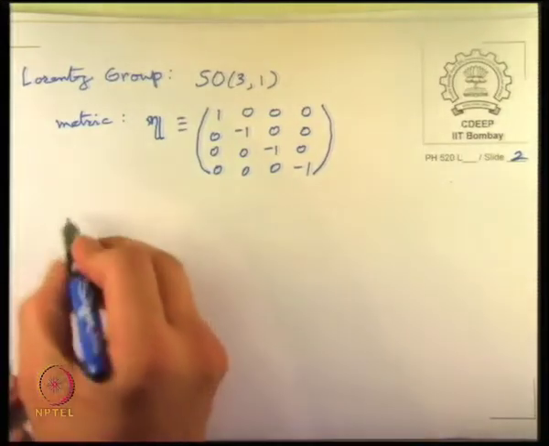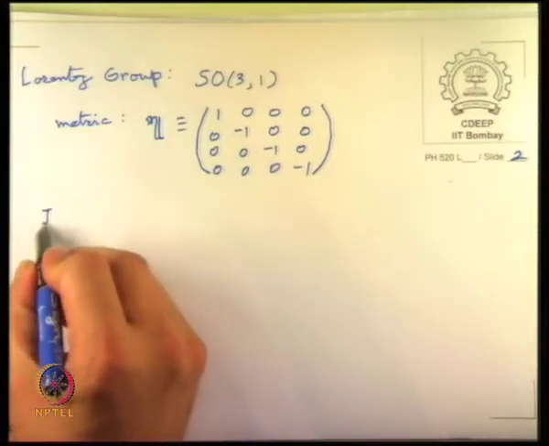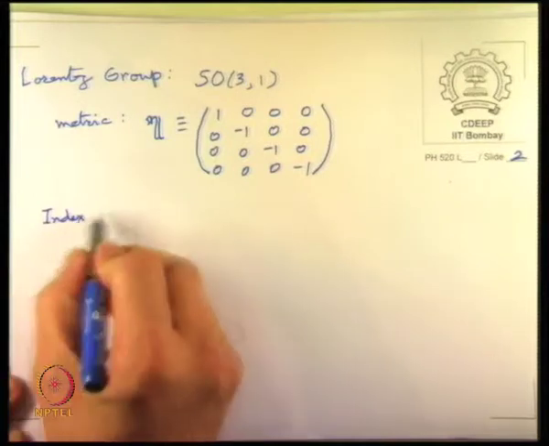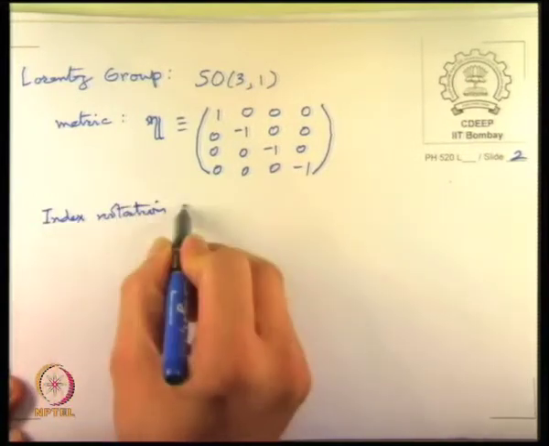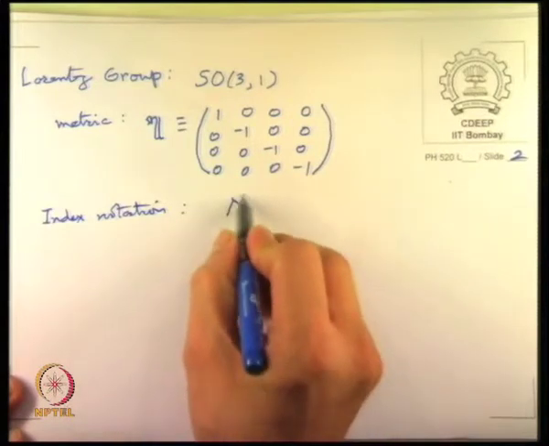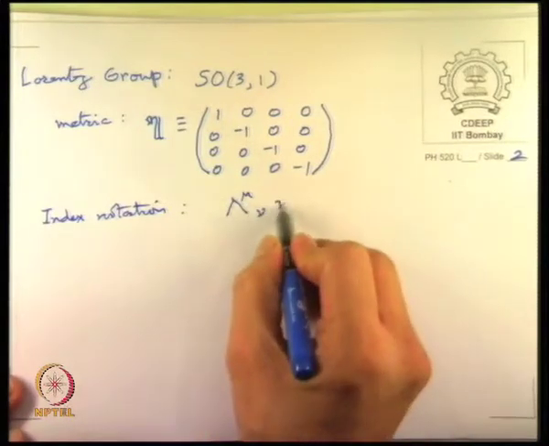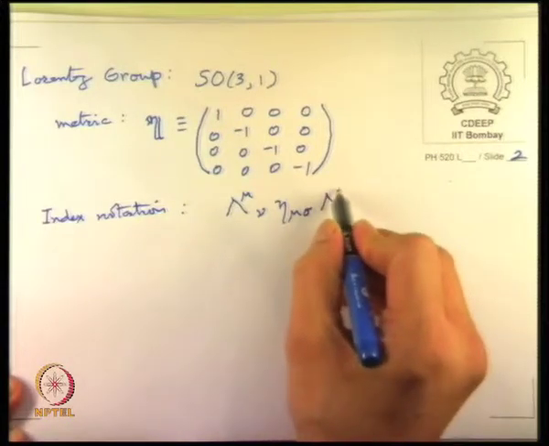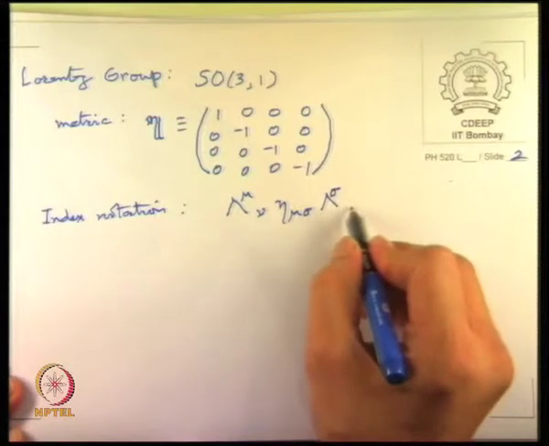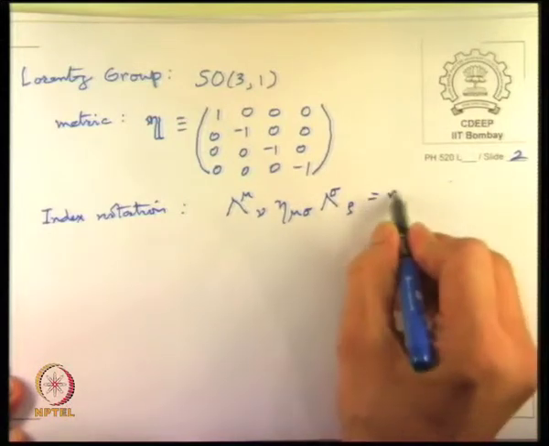And the algebraic or index notation is lambda^mu_nu eta_mu sigma times lambda^sigma_rho equals eta_nu rho.